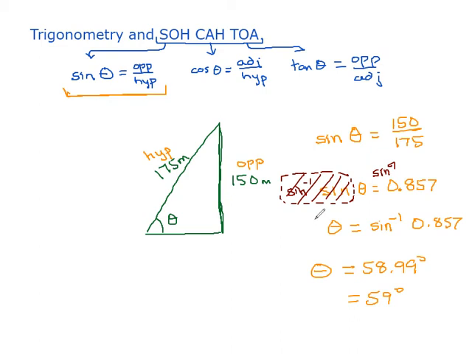So you only use that shift function when you're trying to find an unknown angle. The rest of the time you're using normal sine, cosine, tangent when you're trying to find one of the sides. So get comfortable with that, and in another video we'll go over how this looks when we're doing vector analysis and components, which is the major way that we apply this in physics, especially in Unit 1 about momentum.